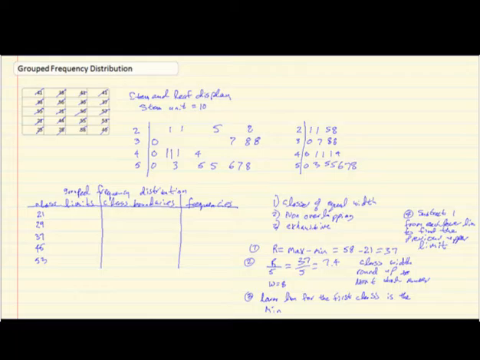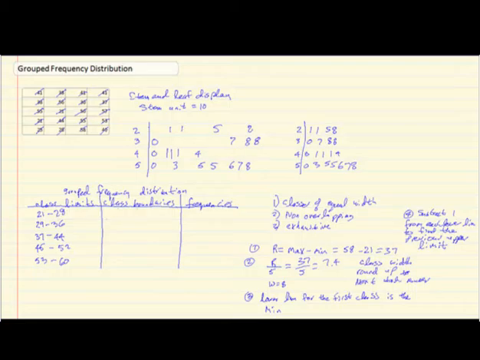So I'll take 29 and subtract 1 and get the previous upper limit, 28. Subtract 1 from 37 and I'll get 36. Subtract 1 from 45 and I'll get 44. And the thing that I might notice here is that each of these differs by 8. So if I just add 8 to 44, I get 52, and add 8 to 52 and I'll get 60. So this is how we get our class limits.